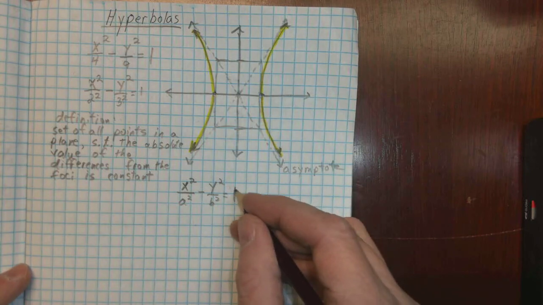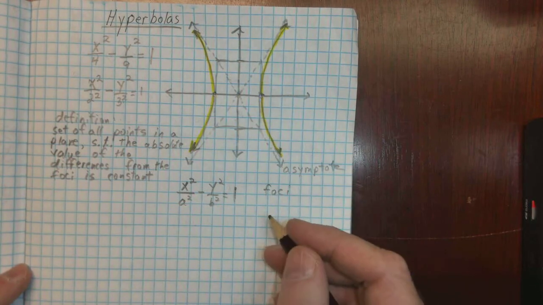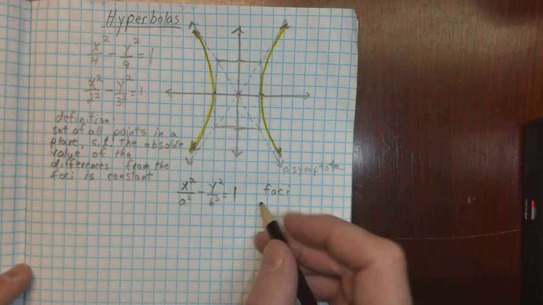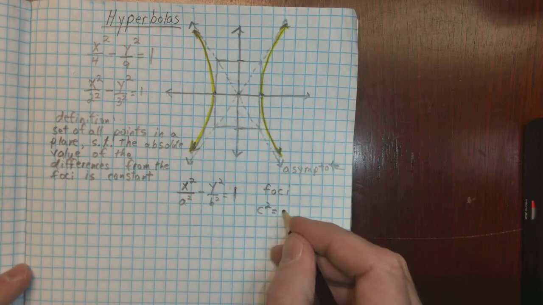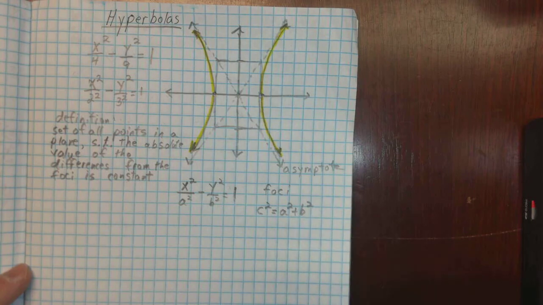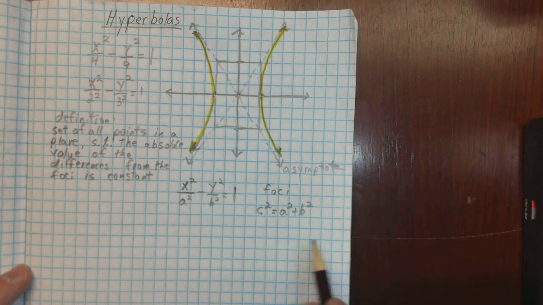The foci, plural for focus, to find that distance from the center is like the Pythagorean theorem. c squared equals a squared plus b squared. So the foci would be c units from the center along the main axis that goes through the vertices.